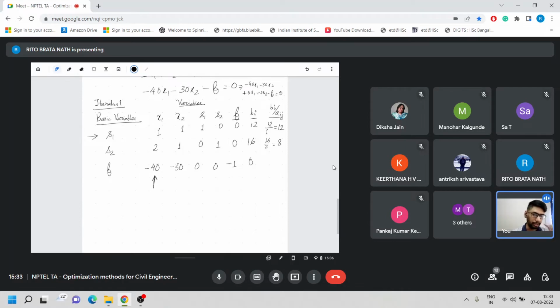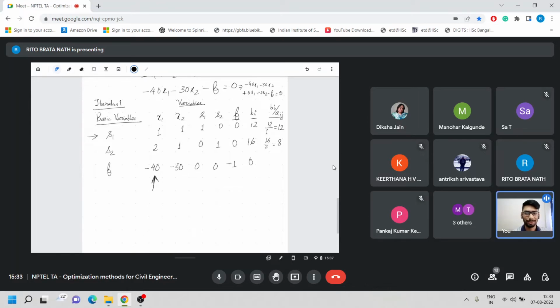So does anyone remember which one should leave the basis or what will be the next step in this case? X1 enters, but which one leaves out of S1 and S2? Why? Was it the maximum that you had to choose or the minimum?